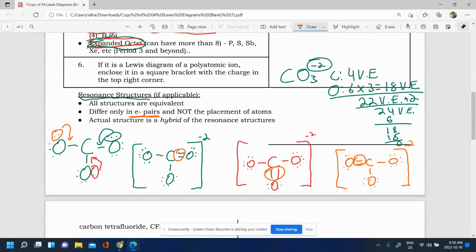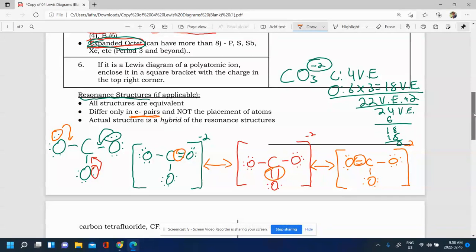And to illustrate resonance structures, we put this arrow like this with the two arrowheads. And that shows that they're simply equivalent structures, and the entire structure of this carbonate ion is actually a hybrid of all these resonance structures here.